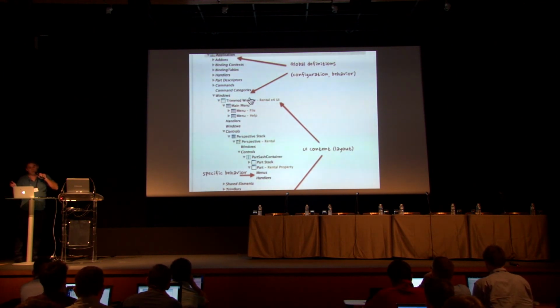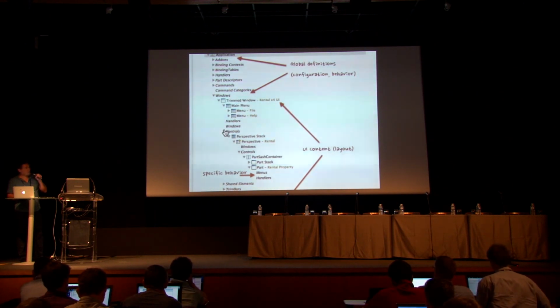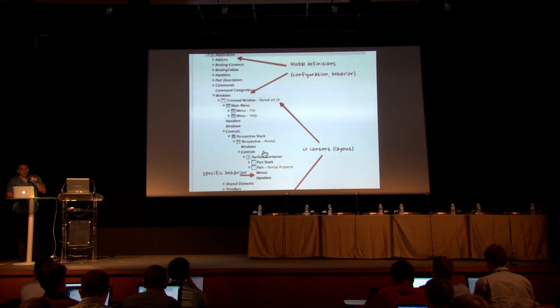This is the main application window where you have a main menu, and you will probably have to open often this item. This is controls. Controls means the widgets or the contents of the view. And you will have perspective stack, perspective. You have to always open controls. So you have to click everywhere.